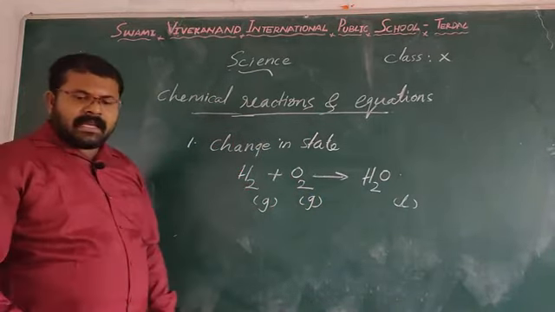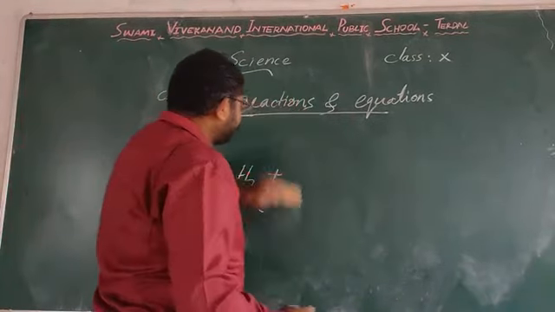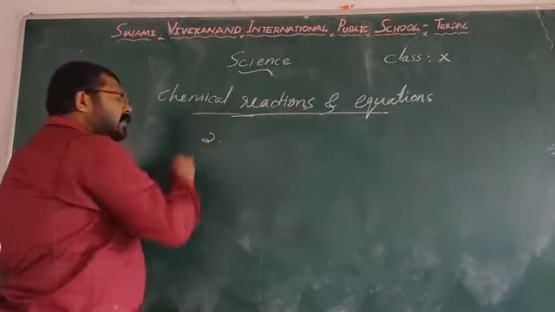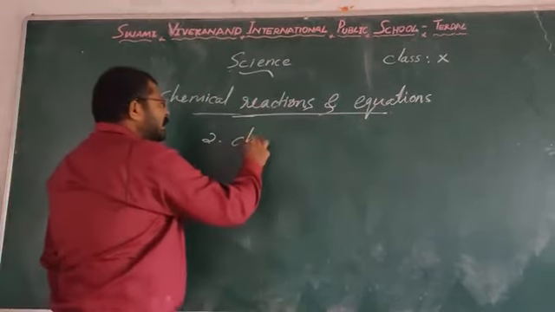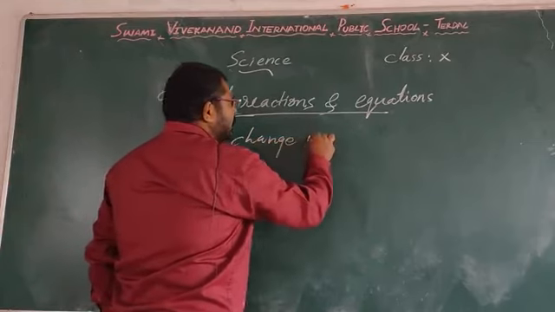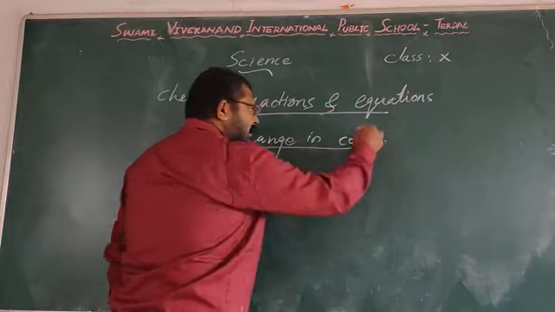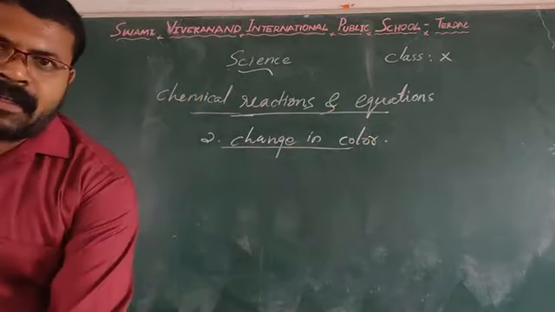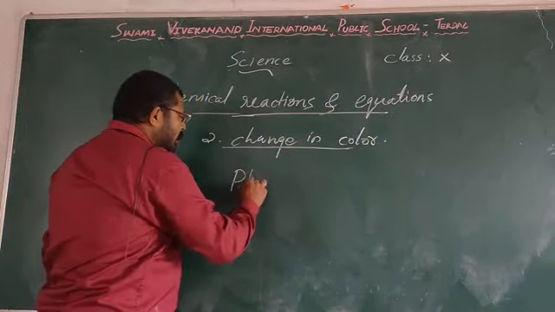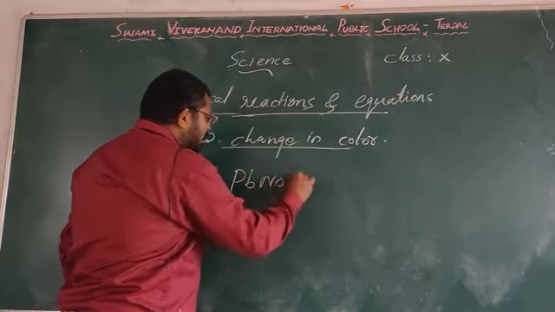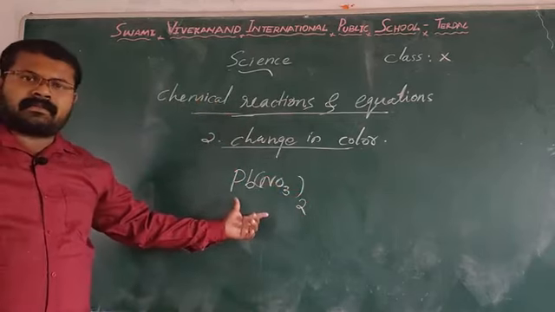The second way we can identify a chemical reaction is change in color. One example I will discuss here: lead nitrate, Pb(NO3)2, which is colorless.